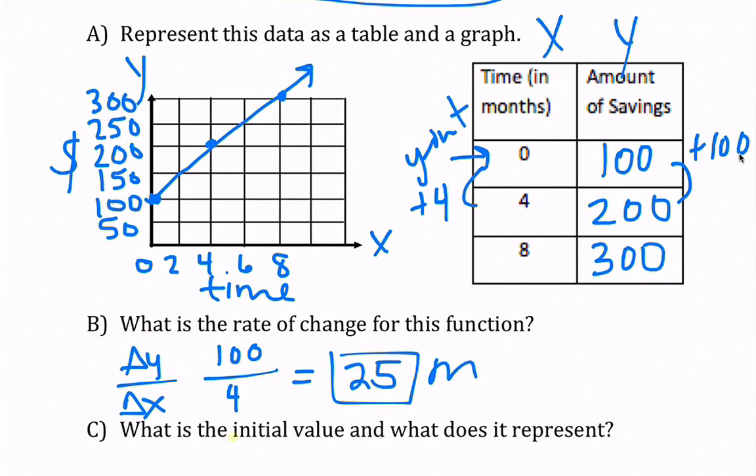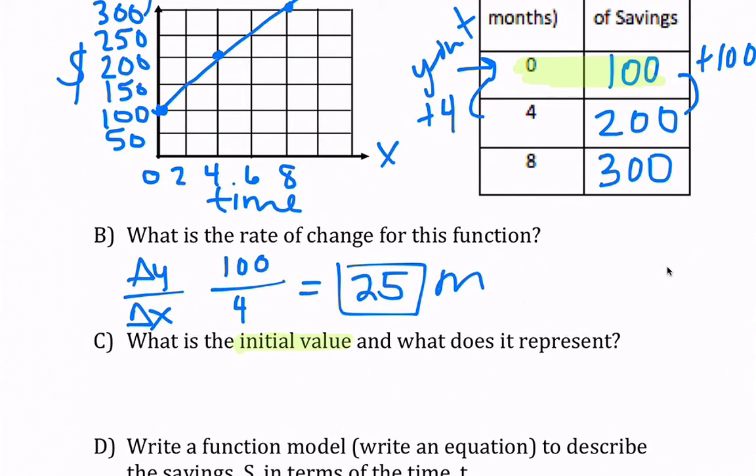Okay, initial value, guys. Initial value, that's your y-intercept. That's your starting point. So another word for your initial value is your starting point. Initial means starting. So we can look at our table. That's when x is 0, and it tells me that she started at $100.